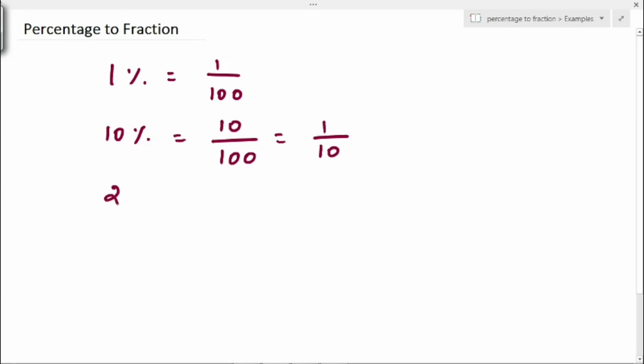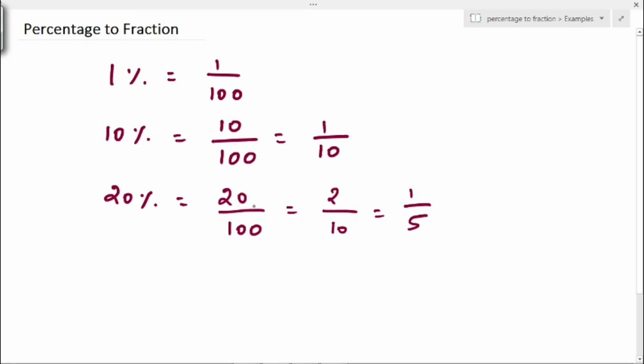Suppose we have 20%. This 20% can be written as 20 divided by 100. If you divide it by 10, you will get 2 divided by 10, because 10 into 2 is 20 and 10 into 10 is 100. So if you simplify, you will get 2 by 10. If you simplify this again, you will get 1 divided by 5, because if you divide by 2, you get 1 divided by 5.